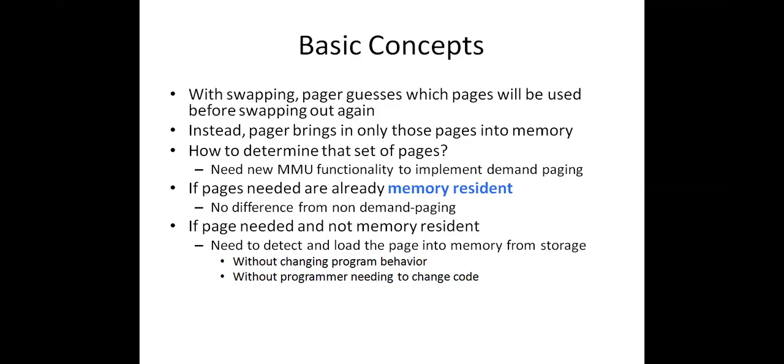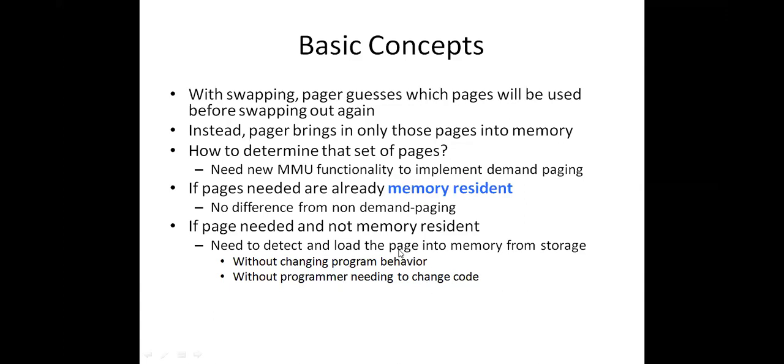The user need not change his code for moving a page from secondary memory to main memory. There is no user involvement. The user never knows these things. That my page is still in the secondary memory, that information is not known to the user. So you need to understand these two points.